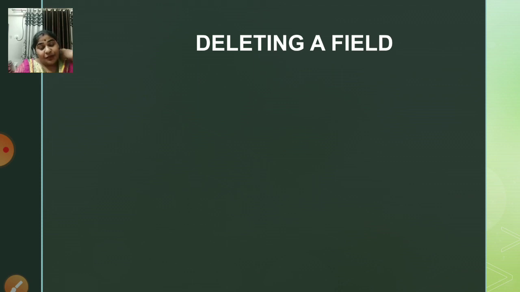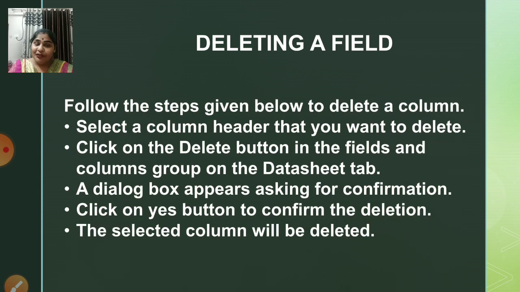Deleting a field. Suppose you feel when you're working with some particular table, a few fields should be deleted or some particular field should be deleted. So it is very easy, children. Follow the steps. First one, select the column header that you want to delete. Click on the delete button in the fields and columns group on the data sheet tab.